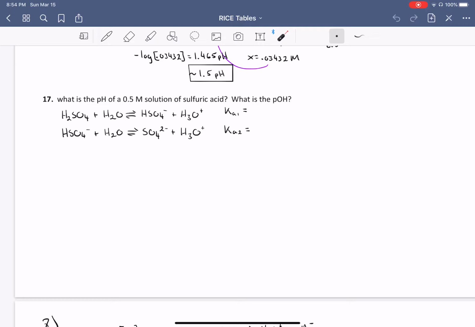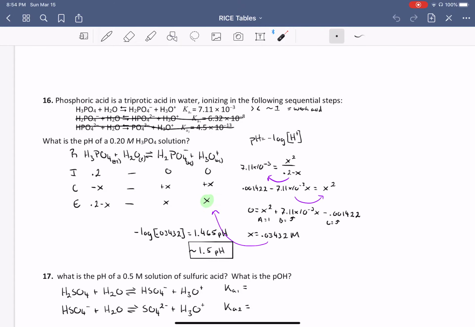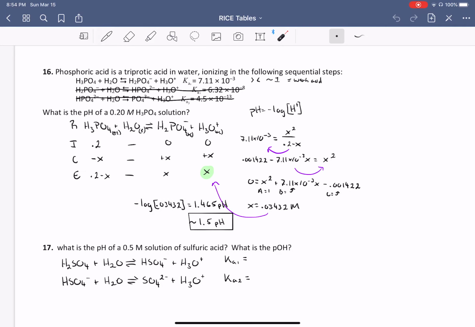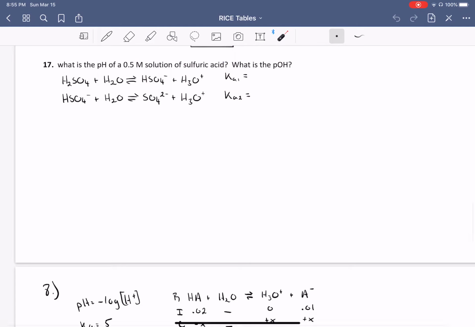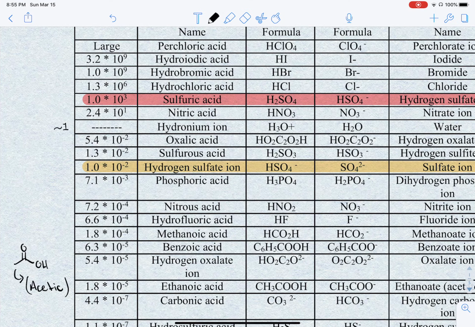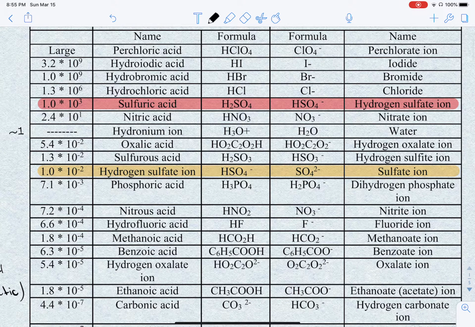And the next question that we're going to ask ourselves is it a strong or a weak acid? Remember the last one up here, we saw that the dissociation constant was 7.11 times 10 to the negative 13th, and we consider that a weak acid. If we go back to the formula sheet, we will see that we actually have both the first proton and the second proton, the dissociation constants for the first proton leaving and the second proton leaving.